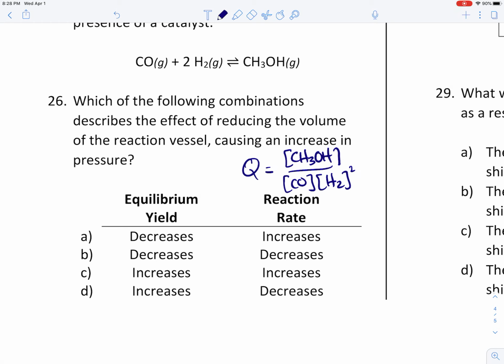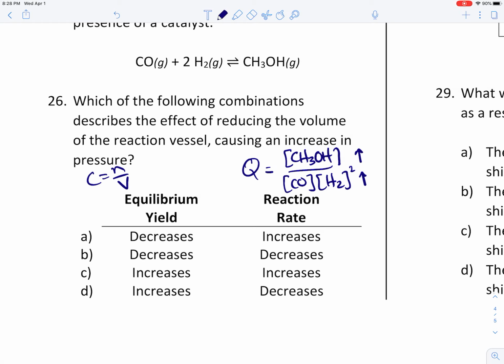Now, we reduced the volume of the vessel. We know that concentration is moles divided by volume, so if you reduce the volume, a smaller volume, you get bigger concentrations. So the concentrations in both the numerator of Q and the denominator of Q would increase because the volume has been lowered. But what happens to Q?